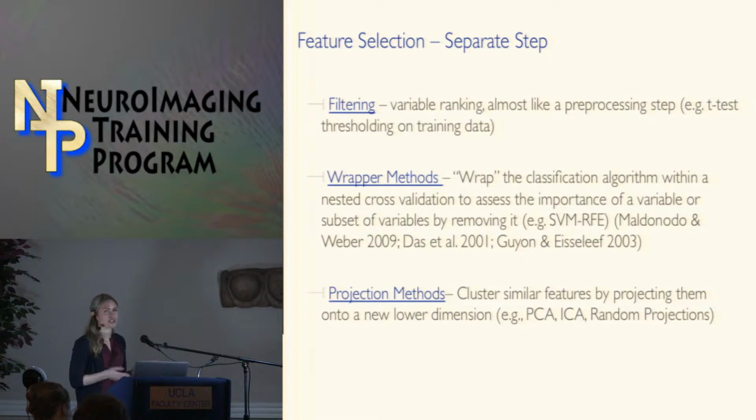And then there's also projection methods. You can use PCA or ICA to try and project clusters of features that are similar into a lower dimensional space. One that I really like recently that I'm still learning about is random projections. It turns out that this technique is not actually that random.